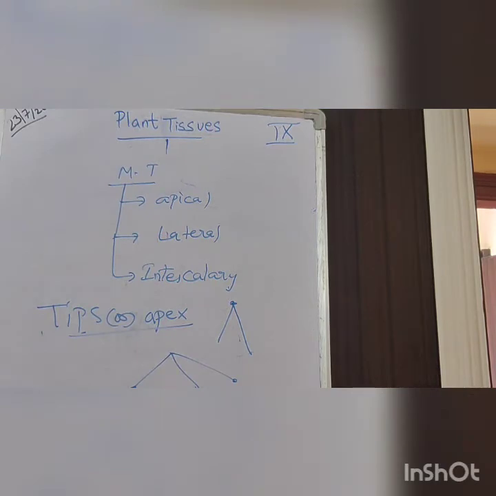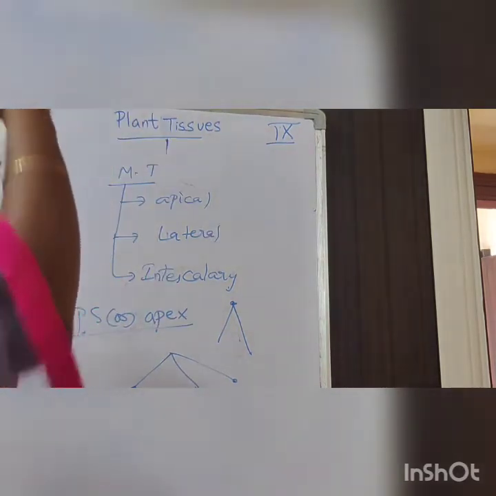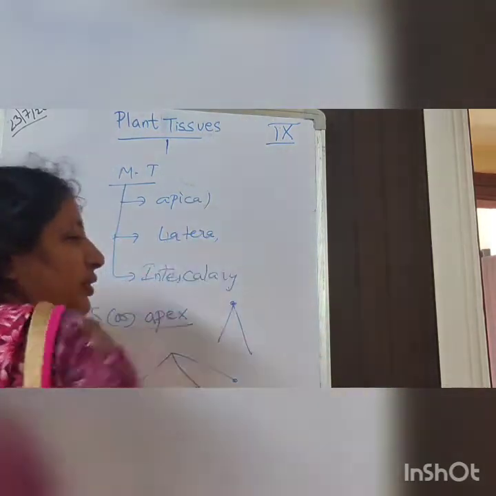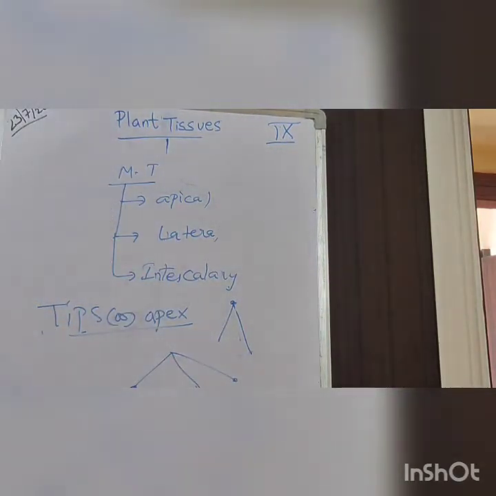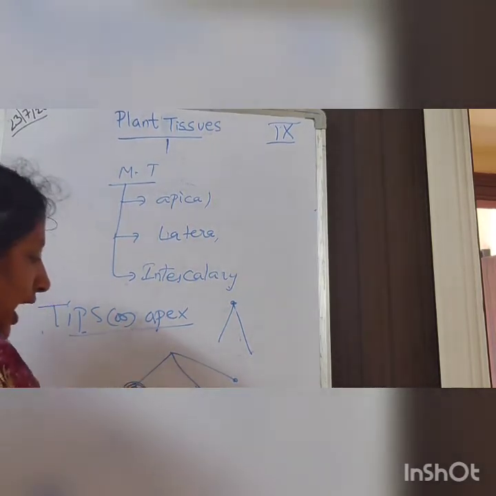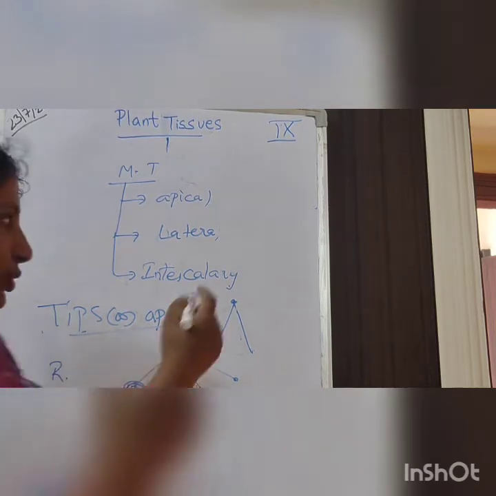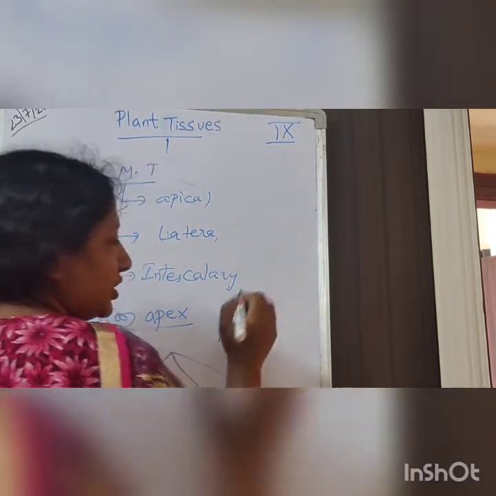What is the function of apical meristematic tissue? It helps the growing of the plant. Plant is growing upward due to apical meristematic tissue, and the roots are growing downward due to apical meristematic tissue. Root apical meristematic tissue, shoot apical meristematic tissue.